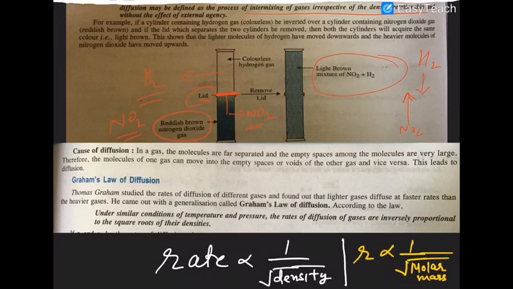Now here also in a gas, the molecules are very far away from each other, so empty spaces among the molecules are very large. Therefore, molecules of one gas can move into the empty space available in the other gas, and vice versa. And that leads to Graham's law of diffusion: under similar conditions of temperature and pressure, the rate of diffusion of a gas is inversely proportional to the square root of its density, or in place of density you can use the word molar mass.